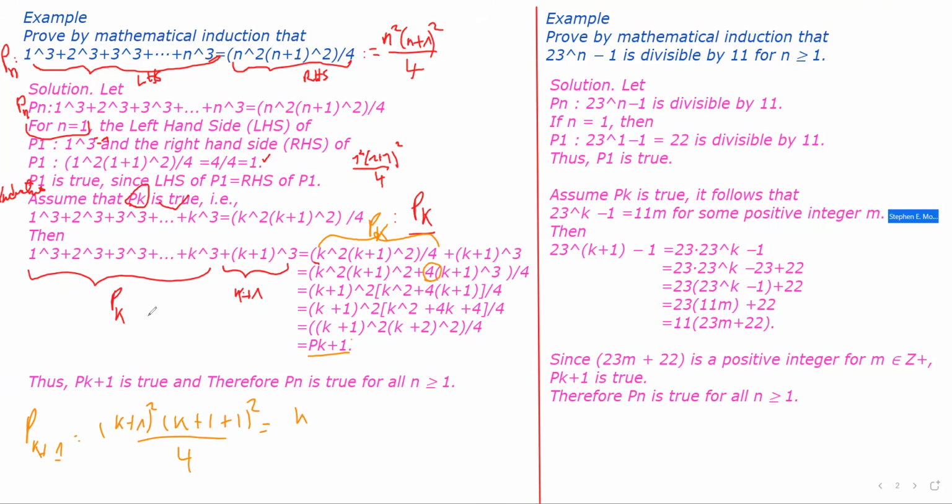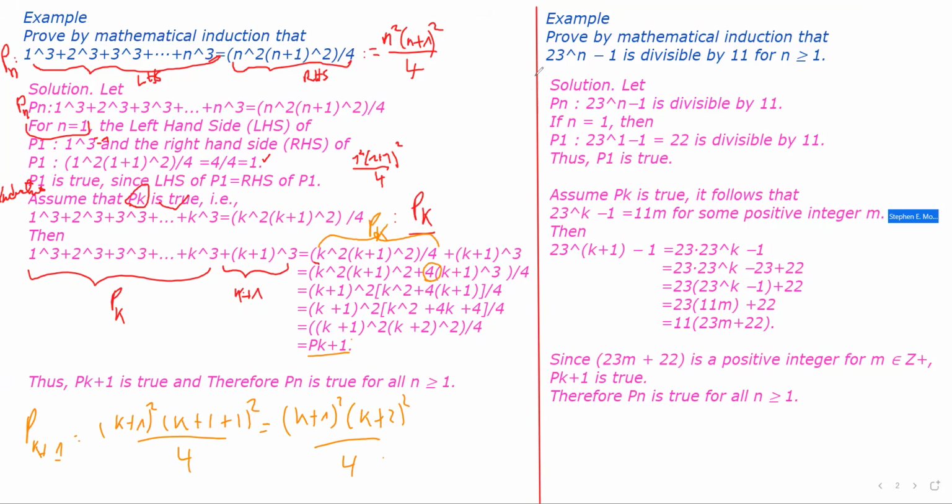And this will be k plus 1 squared, k plus 2 squared all over 4. So it's a bit straightforward in that sense if you want to check it in the end as well, just for verification purposes. All right, let's take a bit more of an exciting example.